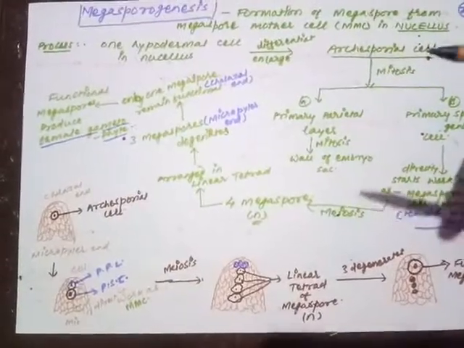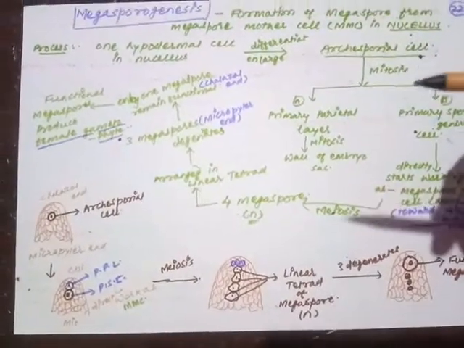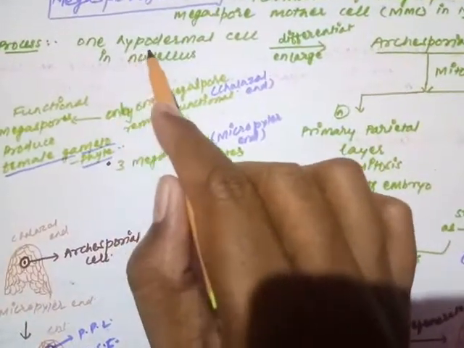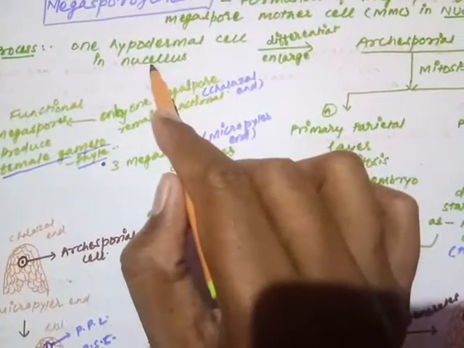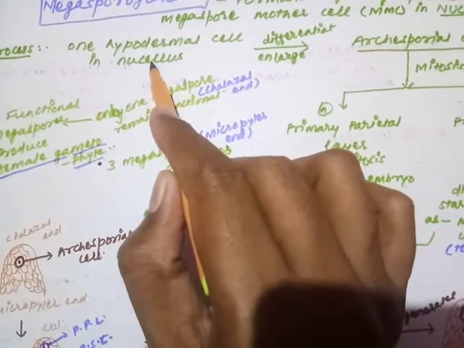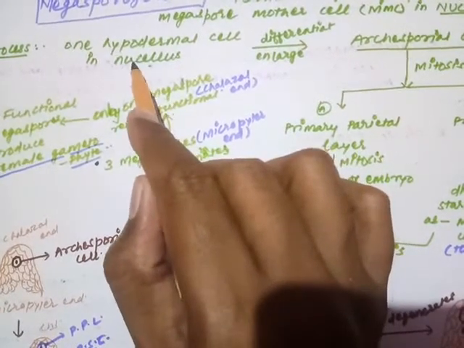Only you have to replace the terms, as I'm going to do. What happened there in the process? One of the hypodermal cells in the nucellus. The site where the process is getting completed is nucellus.